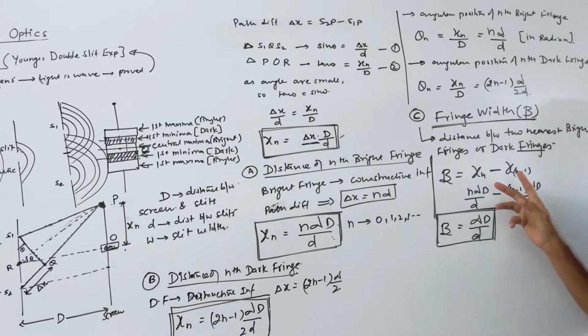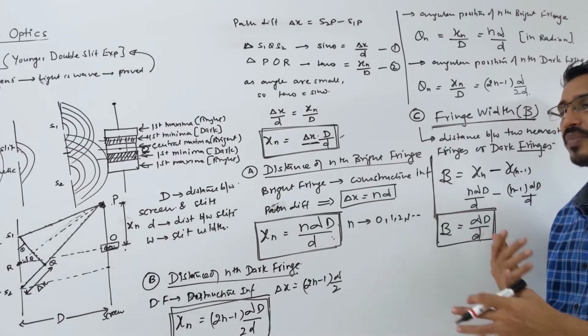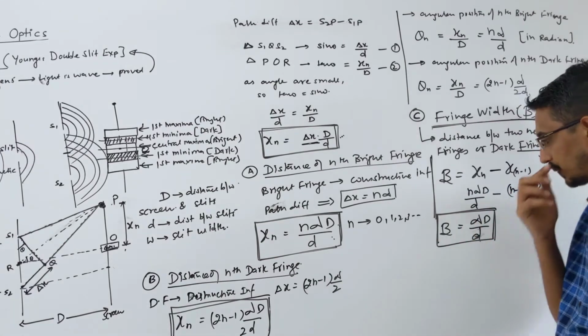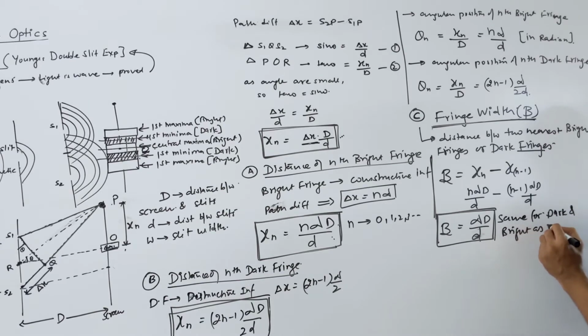You write this formula for dark or bright, you will get the same answer because both dark and bright fringes have equal widths. So this is the same for dark and bright, as they have equal fringe width.